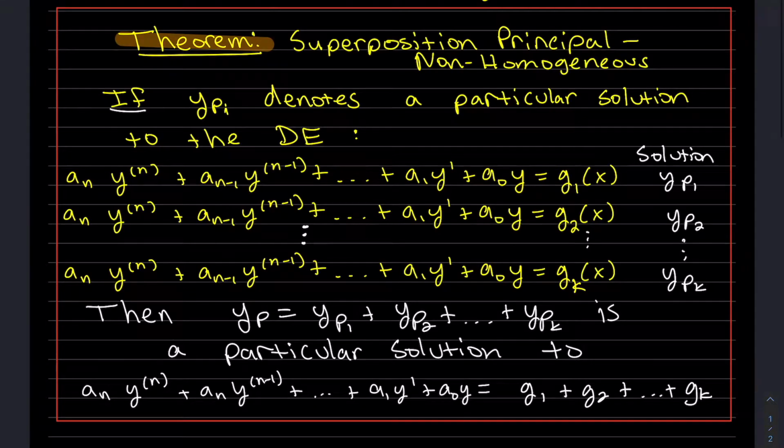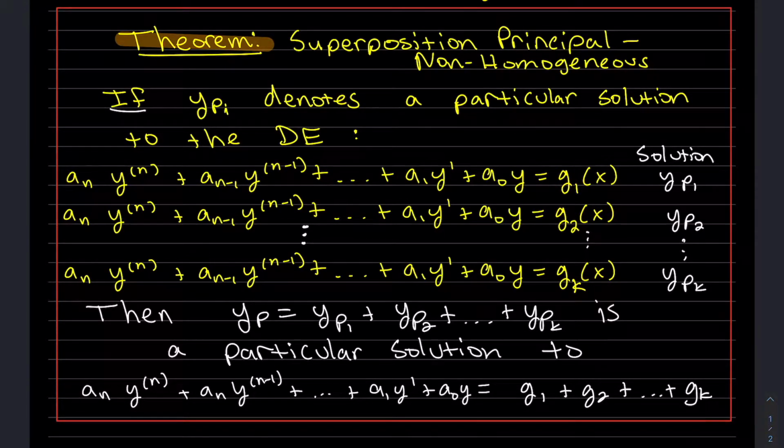So basically if YP is the sum of the solutions, then it's a particular solution to the same DE on the left, but it's the sum of the right side.